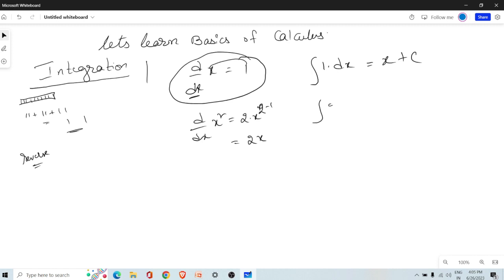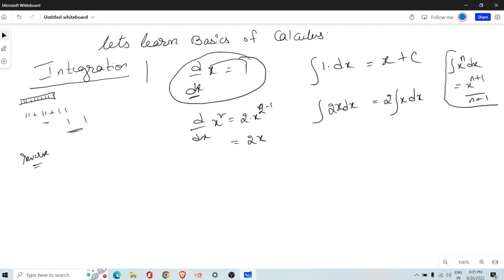Now if I do integration for 2x into dx, this can be written as 2 integration of x dx. Now integration of x power n dx can be written as x power n plus 1 by n plus 1.